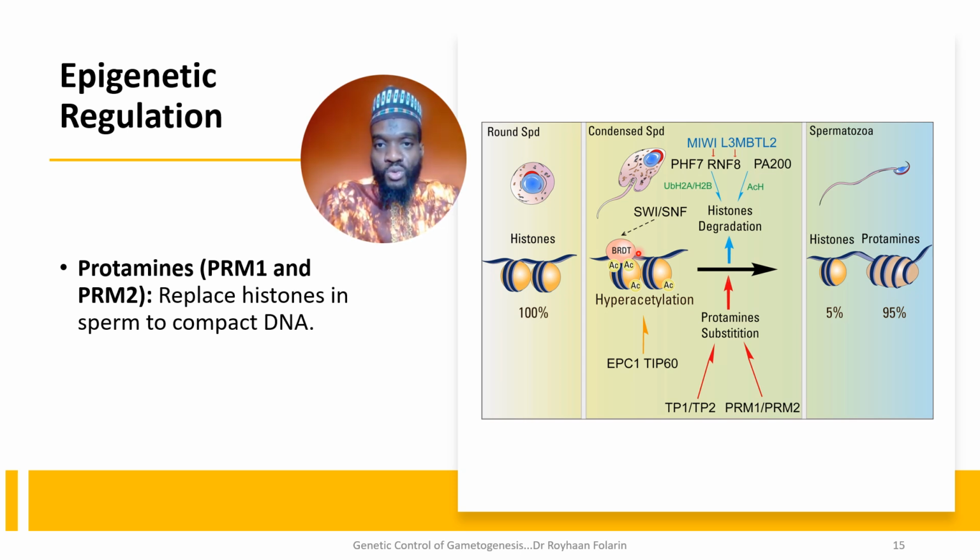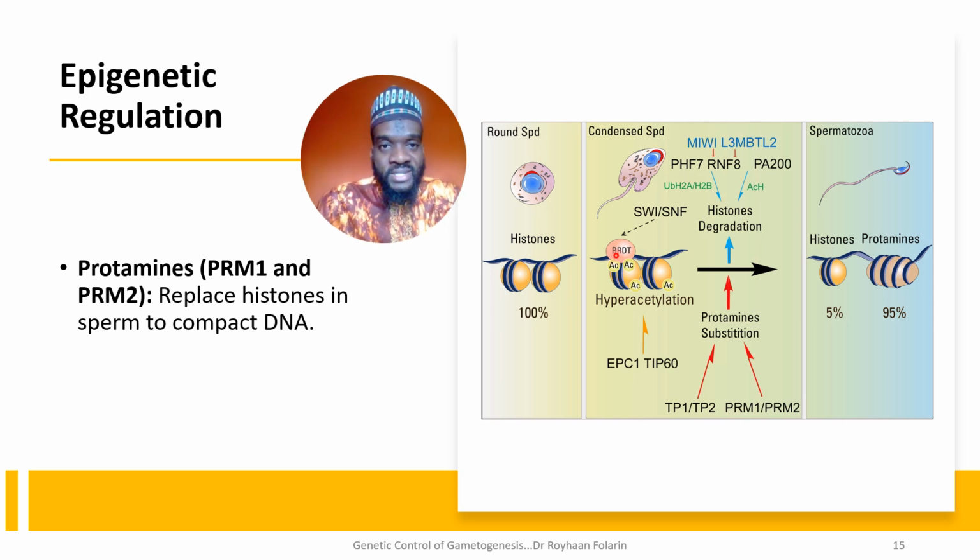It contains bromodomains, which are regions that recognize and bind to acetylated lysines on histones and other proteins. And this function is very important in regulating gene expression and in remodeling the chromatin, particularly during spermatogenesis.